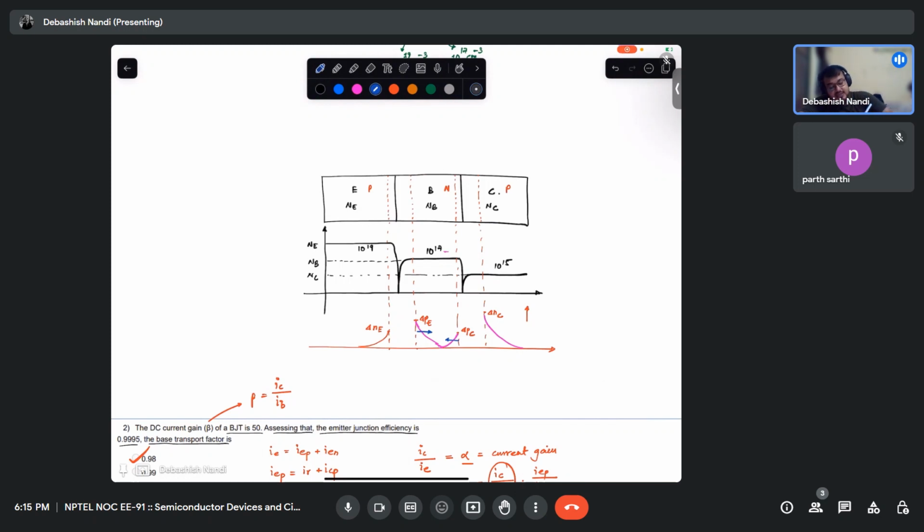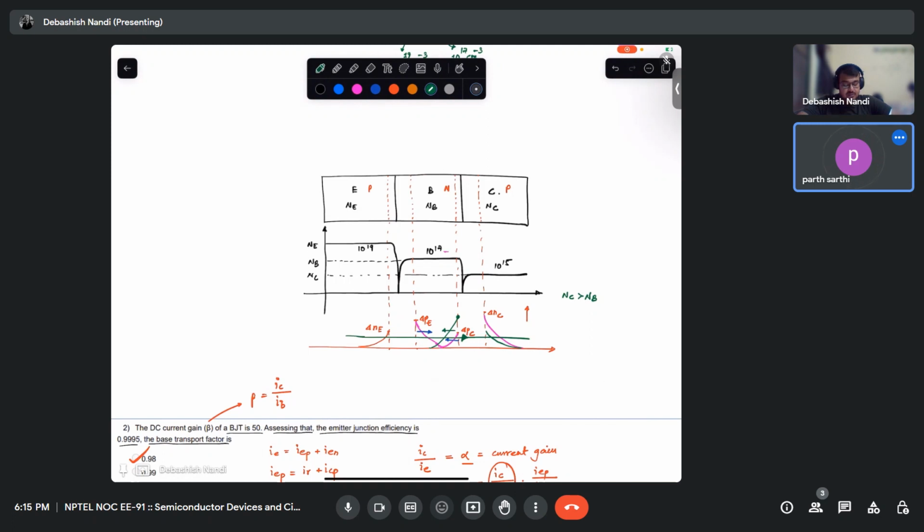Now this is the one case. In the other case where NC is greater than NB, then I will have something like this. So the transport of holes in this direction is getting more hindered, due to higher slope at this point.